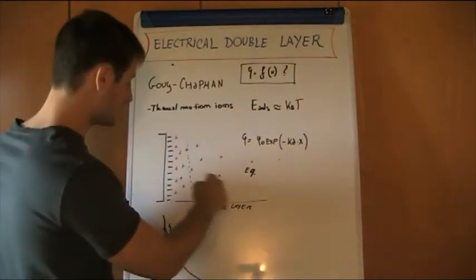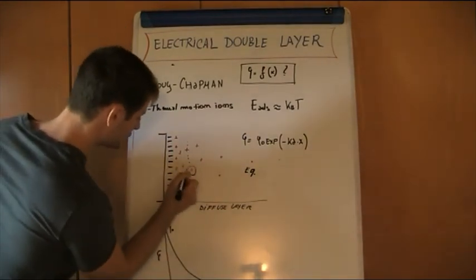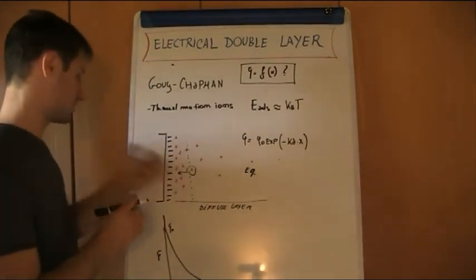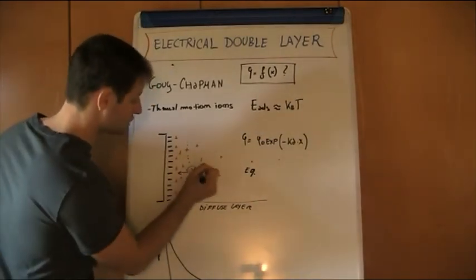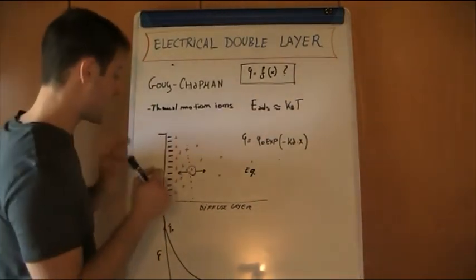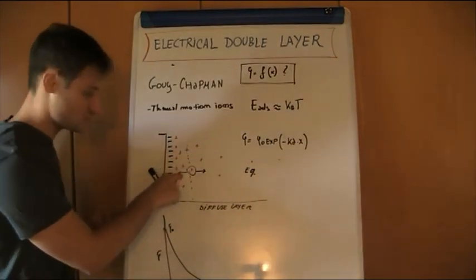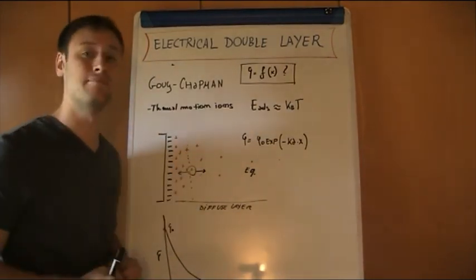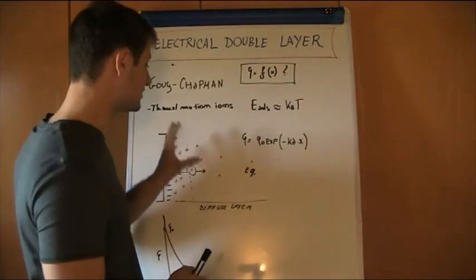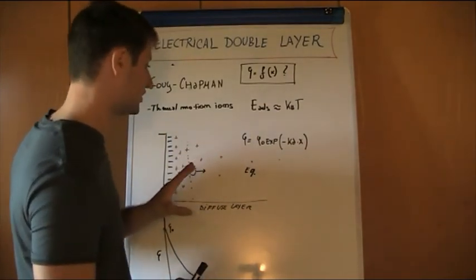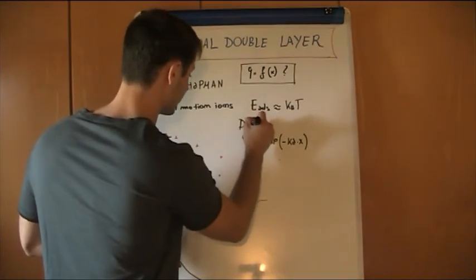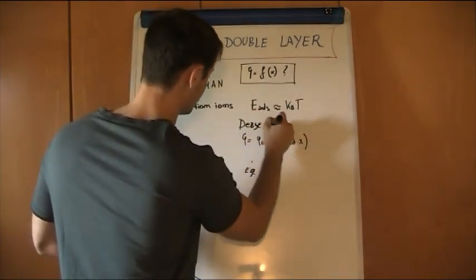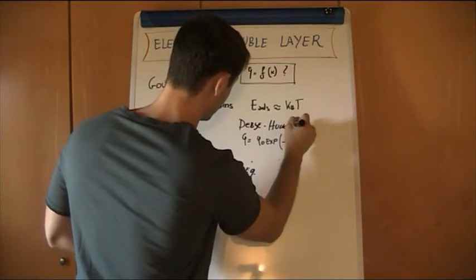So we have the migration that tries to push these cations here, but the concentration gradient, diffusion, tries to push them in this direction. And so at equilibrium, the migration and the diffusion are completely balanced. And so this is another important boundary condition in order to reach the mathematical resolution of the Debye-Hückel equation.